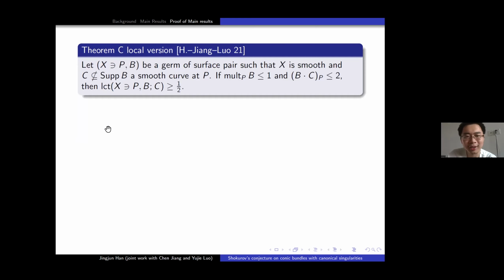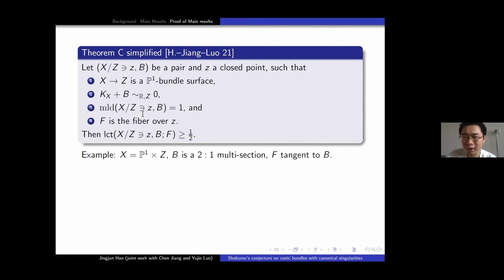So this means that C is a smooth curve at P, near P, and moreover we can translate the MLD assumption. This partially explains why we could not show the result for the case when the MLD is less than 1.